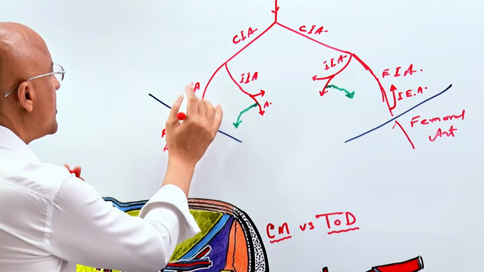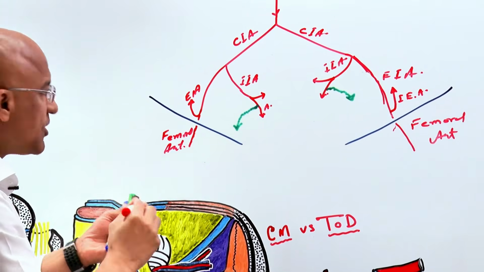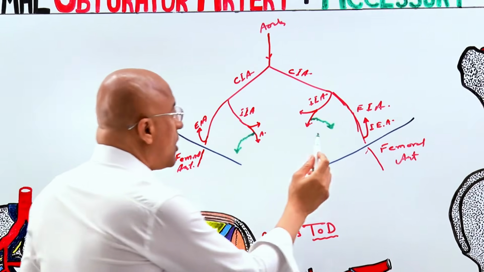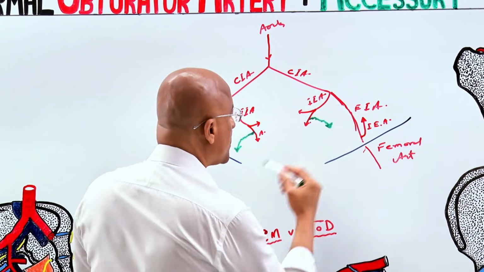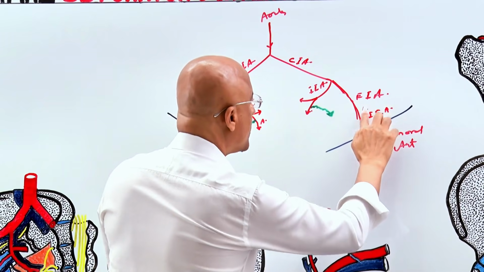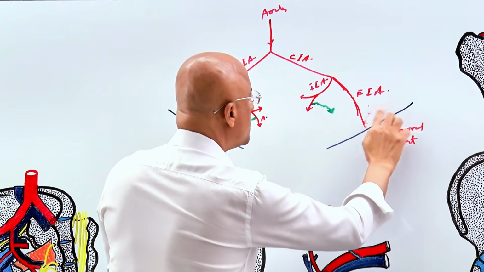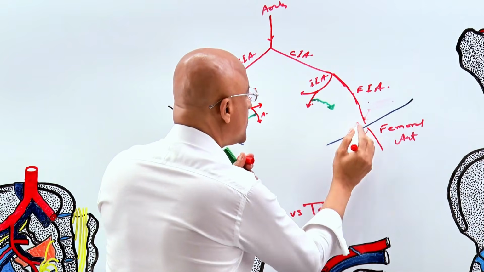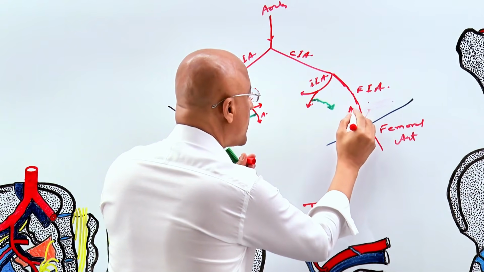Here is the inferior epigastric artery. Sometimes, in 20 to 30% of patients, it takes origin and it should go medially. It should go medially. So this is going, what is this?